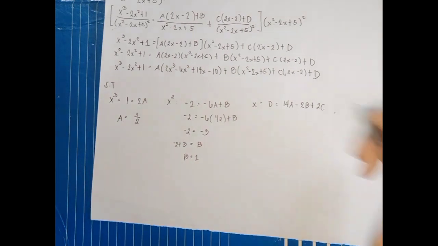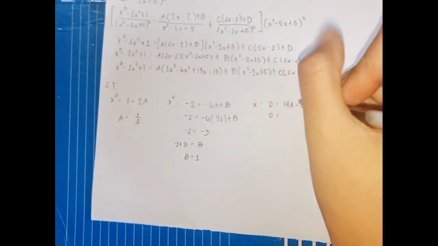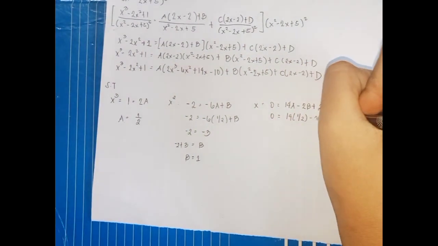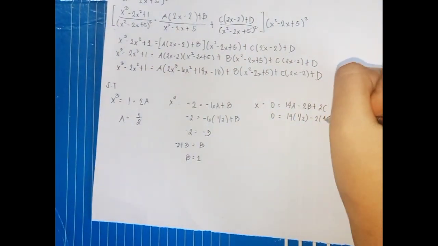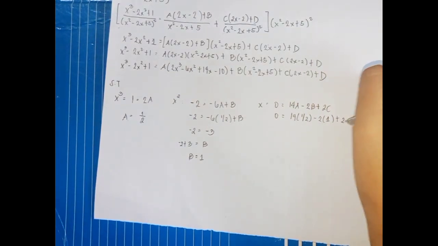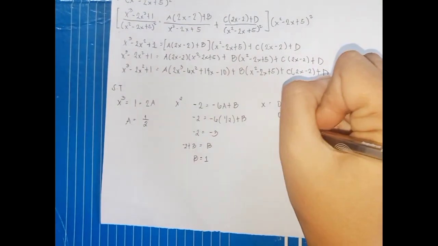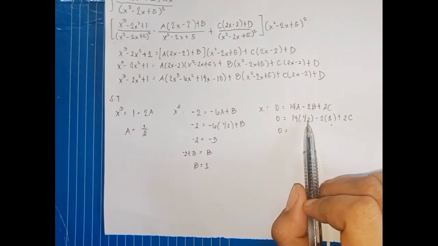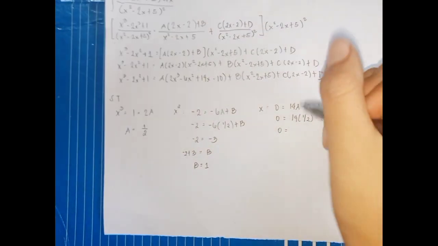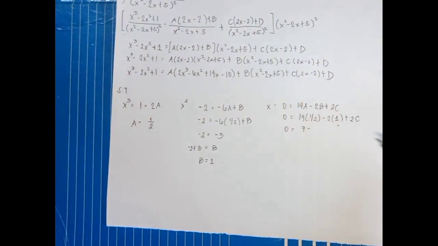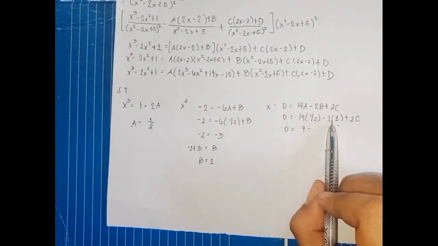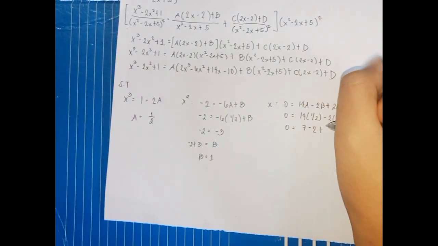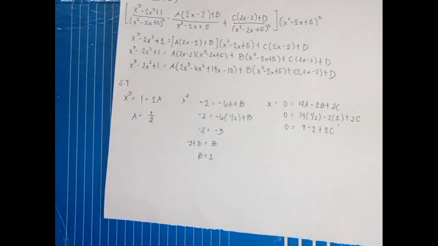Okay, so we have 0 is equal to 14. Our a will be 1/2 minus 2. Our b will be 1 plus 2c. 0 is equal to, this will be 7 because 2 divided by 14 will be 7. So 7 minus negative 2 times 1 will be negative 2 plus c plus 2c.